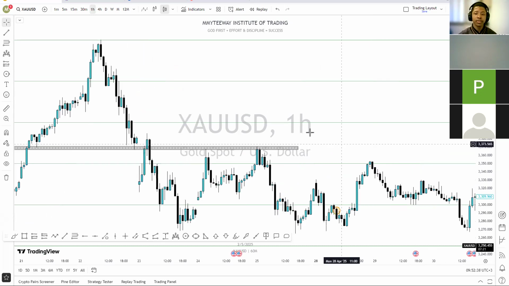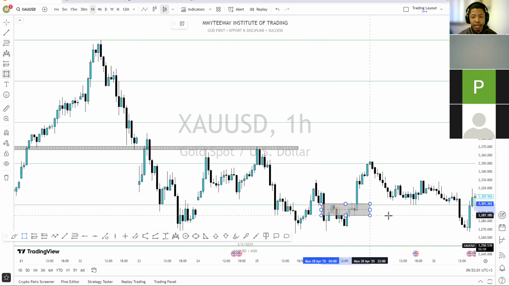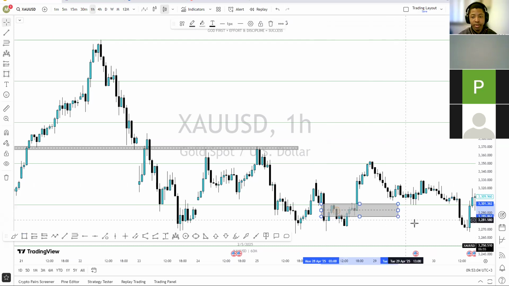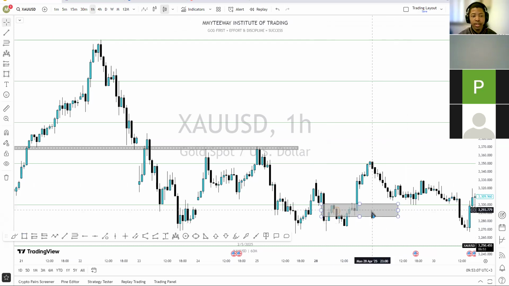Right. So can you guys see also what was being retested here? Can you see? We have a fair value gap here. Can you see that? A bearish fair value gap. A 1 hour bearish fair value gap.